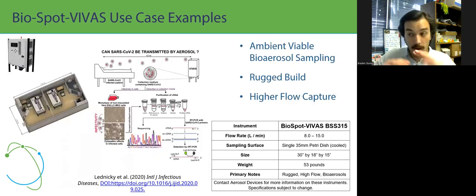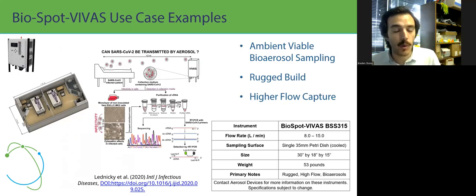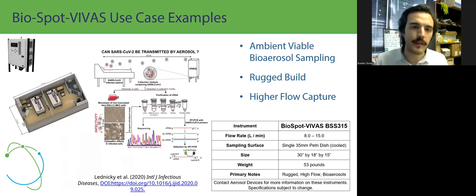Cool. And then there will be a few slides on this one because I really like being able to show the graphs here. The Biospot Vivis, as we talked about before, was utilized the first time around in first proving that SARS-CoV-2 can be captured viably. It is the workhorse that we have seen for ambient, viable bioaerosol sampling. It's rugged. It's got the higher flow options. It is typically used in more of a research setting compared to something like the Biospot Gem, for example.